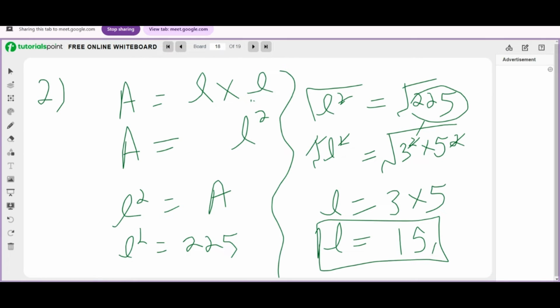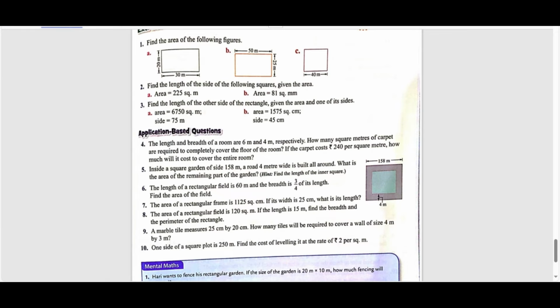It will be in meter. Now you have to do the next part. Question number 2, B part.